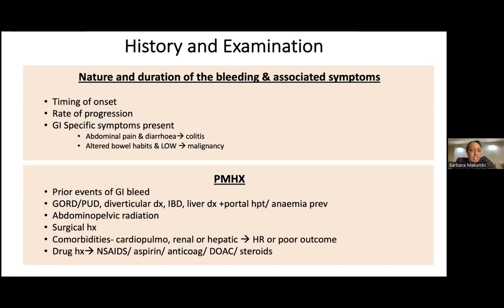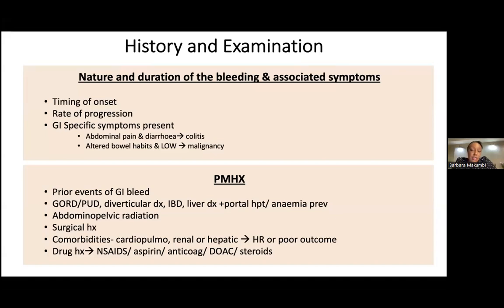In past medical history, you need to determine safety in terms of cardiovascular and pulmonary diseases, to investigate your patient further, and also allude to your etiologies in terms of, does the patient have previous peptic ulcer disease, or diverticular disease, portal hypertension, etc.